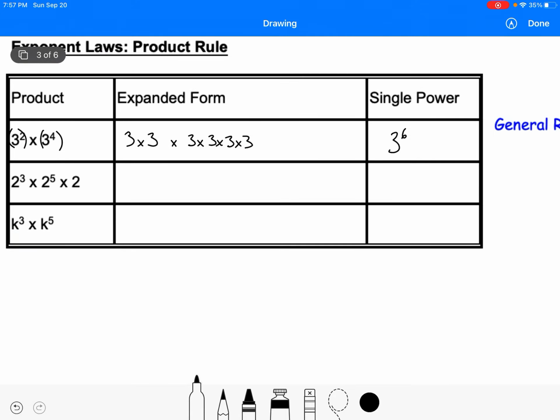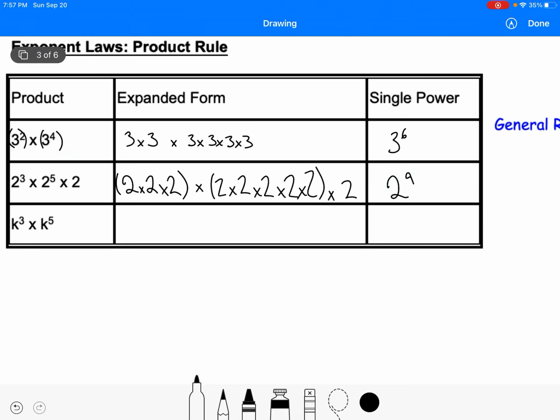All right, the next one, if we look at it, we've got 2 times 2 times 2 times, so that's the first group, 2 times 2 times 2 times 2 times 2, that's the second group, times 2. Well, this is really, how many 2's do we have? Well, this is 2 to the 9 as a single power.